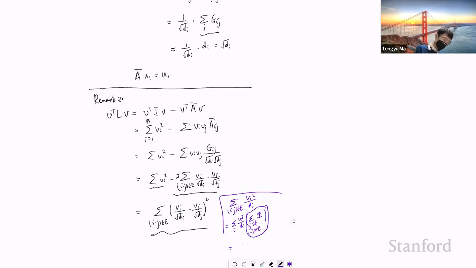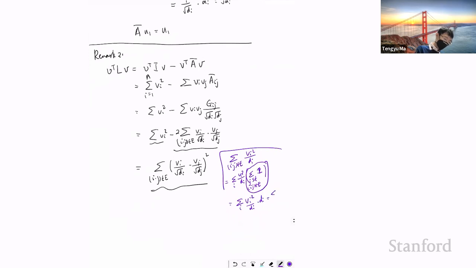That's basically d_i. So you get V_i squared over d_i times d_i, which is why we get the sum of V_i squared. I'm somehow missing a constant somewhere. I think the constant might be off by 2, but you get the gist, right?